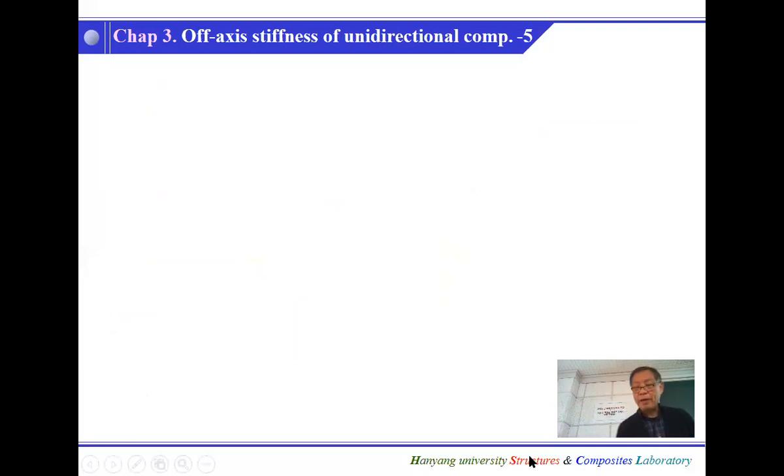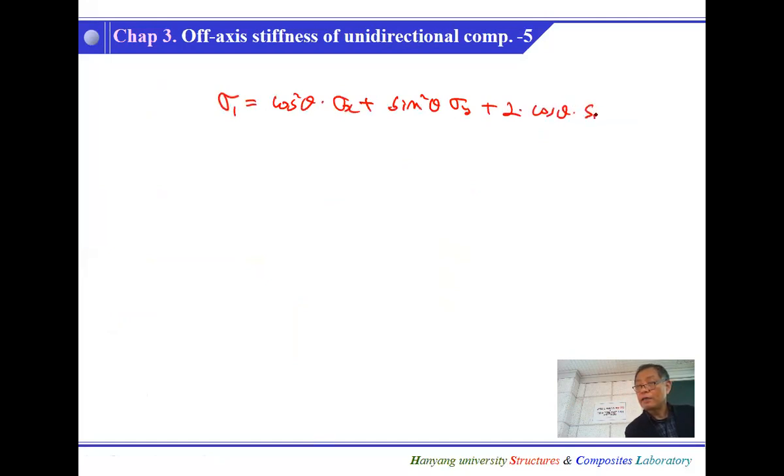Well, I hope you remember the stress transformation. For example, sigma 1 is cosine squared theta sigma x plus sine squared theta sigma y plus twice cosine theta sine theta sigma s, right?